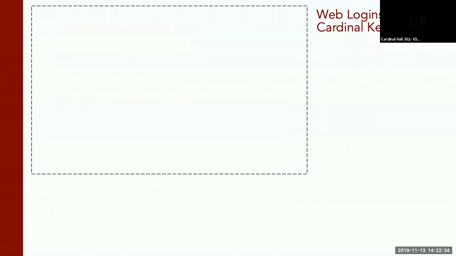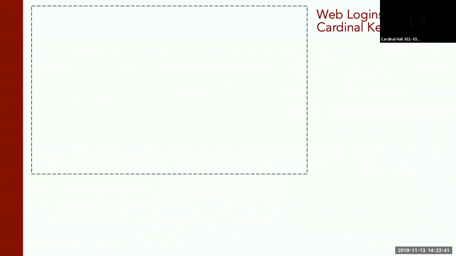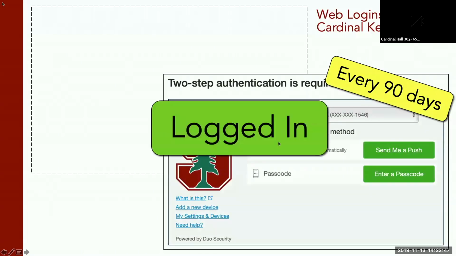You don't see anything. You just go straight in. And every 90 days, we'll do two-factor, and then you're logged in. So again, 99% of the time, you go straight in, but we're still doing two-factor authentication every 90 days.